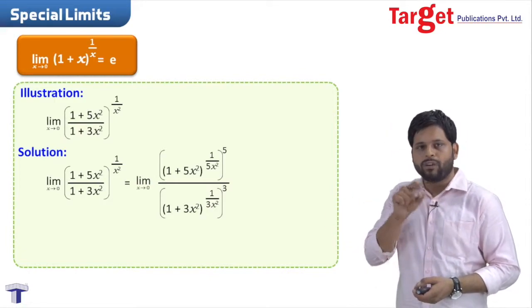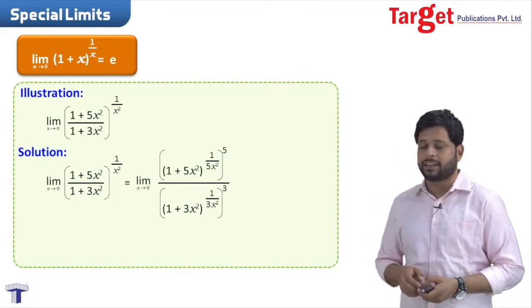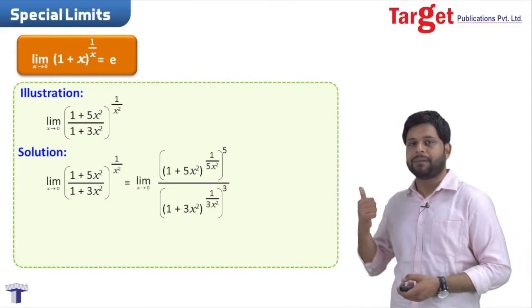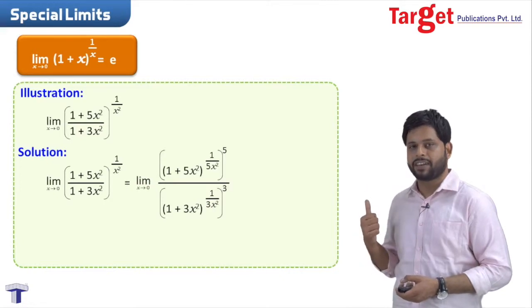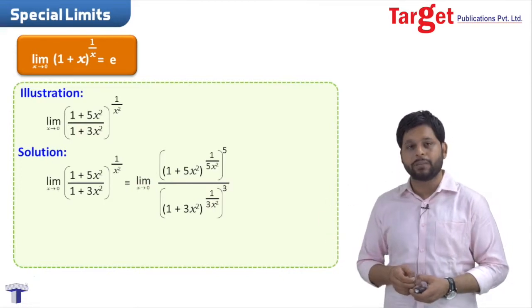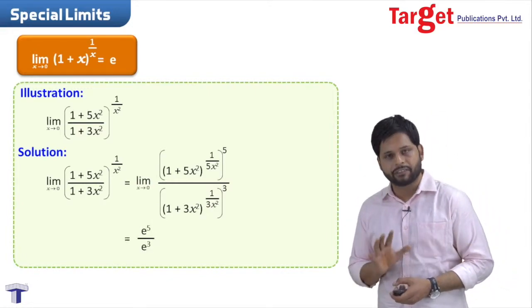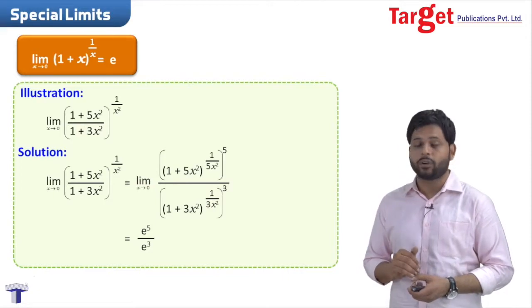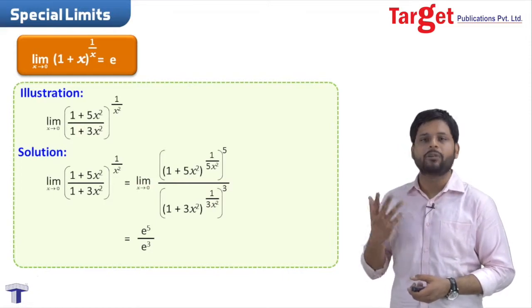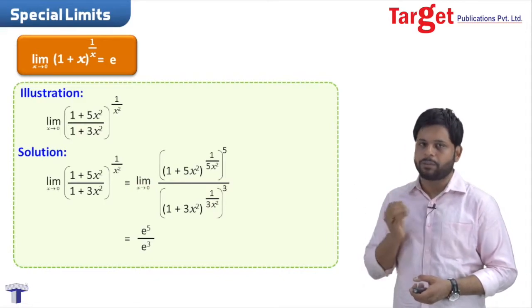Now if you see the whole function in the denominator and the numerator, it is of the same type as the formula we are having. You substitute your limit, the answer to it should be e. There is this power in the numerator, that is 5, and in the denominator the power is 3. So what we are left with is e to the power 5 and e to the power 3.